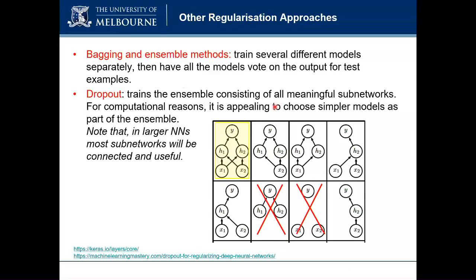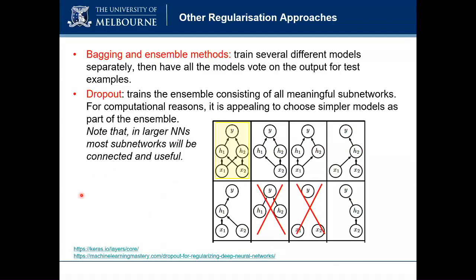But if you have a big network, you randomly remove some 10%, 20% of the nodes. Usually you don't end up with nonsensical, but things like these, you see, or this one, with less number of hidden nodes, randomly selected, and then you try to see how it goes with that. Because you decrease the model complexity by removing nodes, obviously.